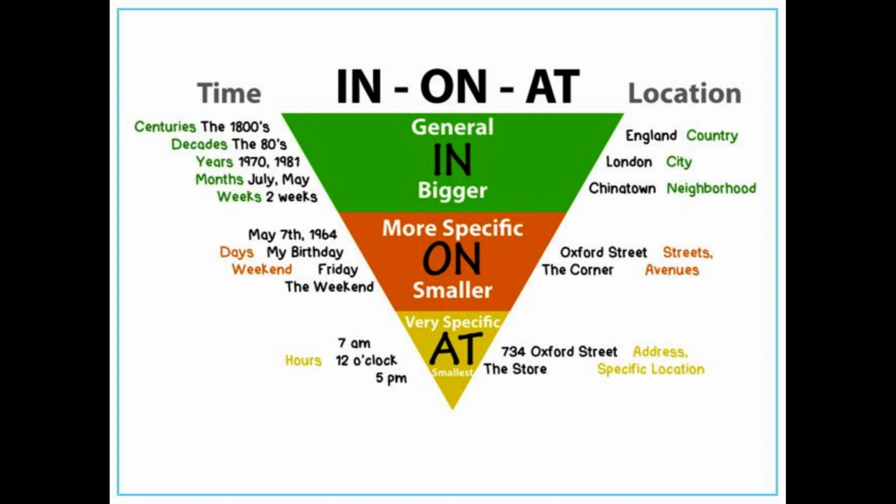A common confusion that remains between in and on and at is hospital. Many people ask me which preposition we should use to express someone is at a hospital. So we can say someone is in the hospital, we can also say someone is at the hospital.